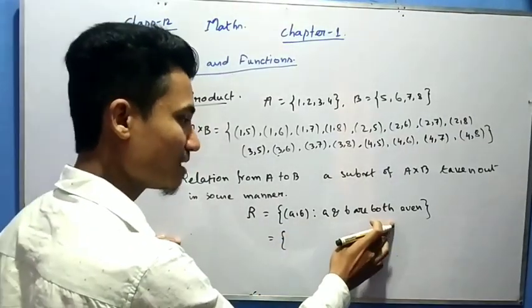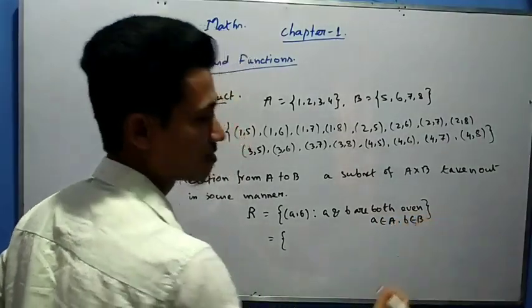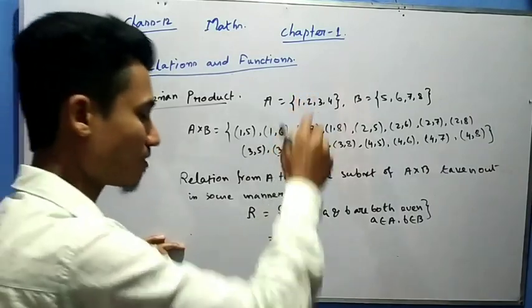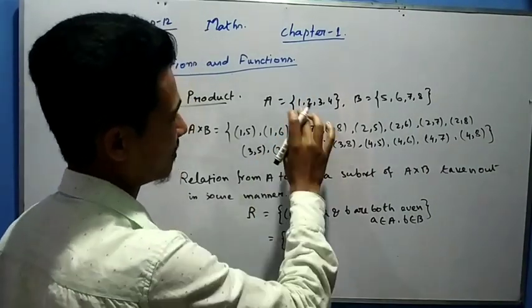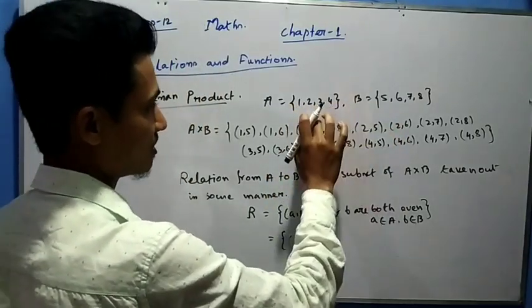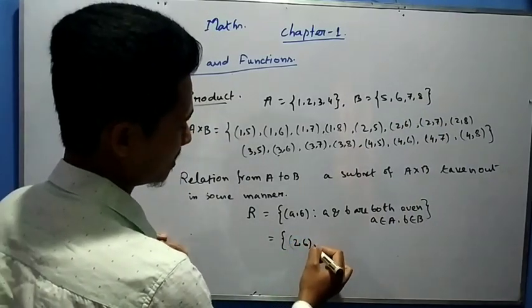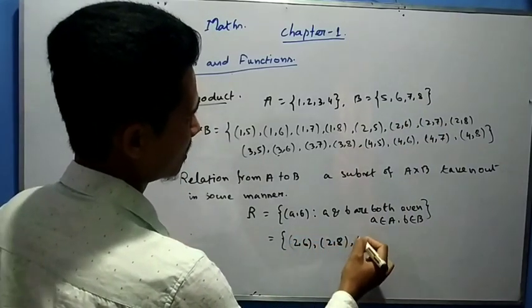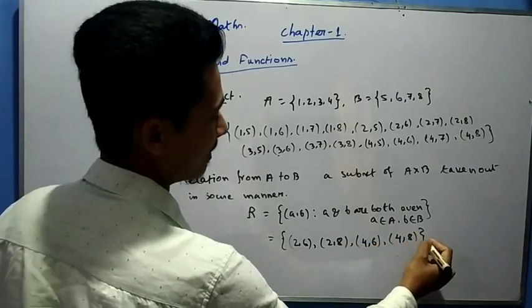A and B both are even, where a belongs to A and b belongs to B. So what are the even numbers? 2 and 4 in the first set, and 6 and 8 in the second set. So the pairs are (2, 6), (2, 8), (4, 6), and (4, 8).